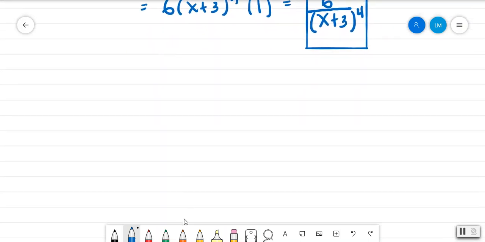Now, I want to do just a few more examples of how we can apply chain rule.